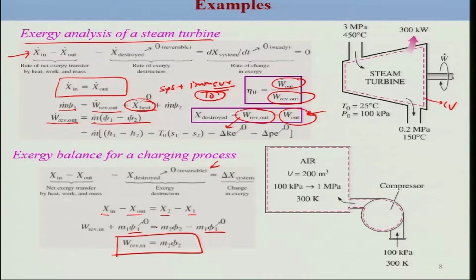Note that I have not included any heat transfer, because we have considered here the extended system plus your immediate surrounding, such that the boundary of the immediate surrounding is at the environment temperature T0, and thus your exergy transfer due to heat is 0. Okay. And by considering that, we have got in this case a minimum reversible work for this particular process.